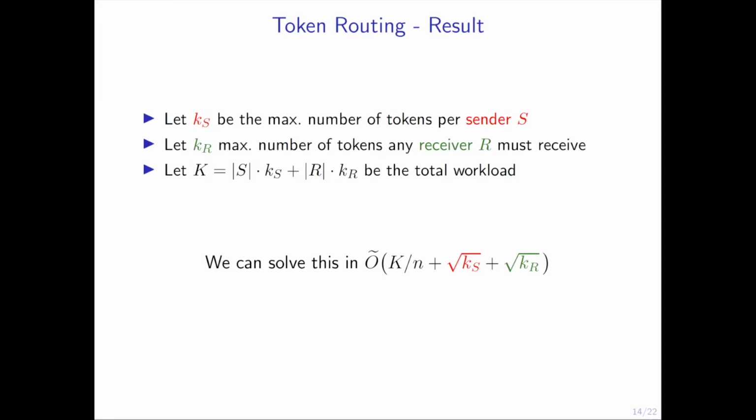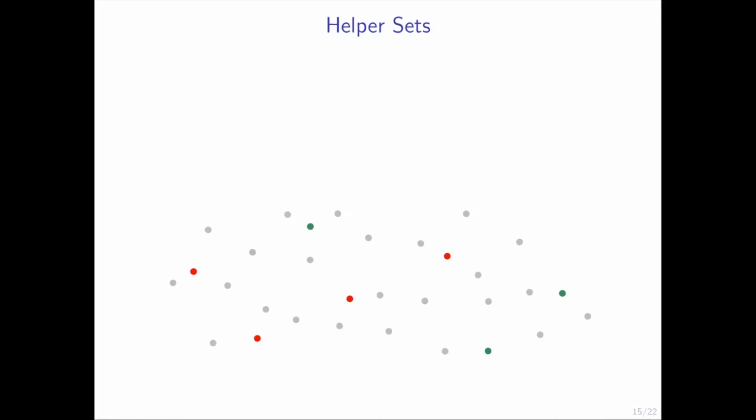Then we show that we can solve this token routing problem in roughly K over n plus square root of K_S plus square root of K_R rounds. This comes with a restriction that S and R must be roughly well distributed in the network, and we have this with high probability if S and R are sampled uniformly at random from the set of nodes.